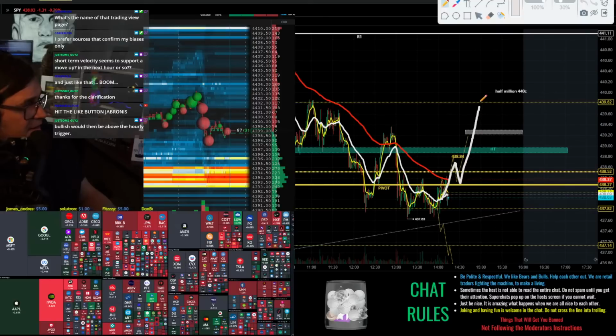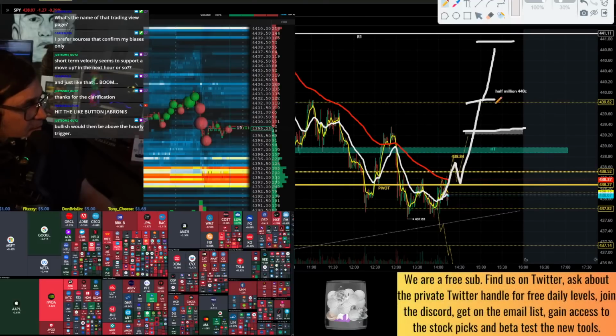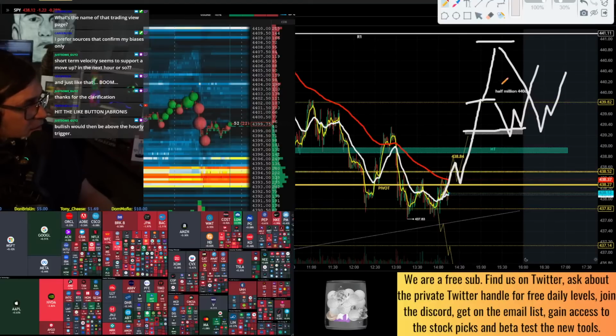You'd need to get above this 439.20-ish right in here. And I don't care how high you go. I don't care if it's here or here. But then you would need to consolidate and begin to move higher. To get bullish once again, that would be your trade somewhere in there.